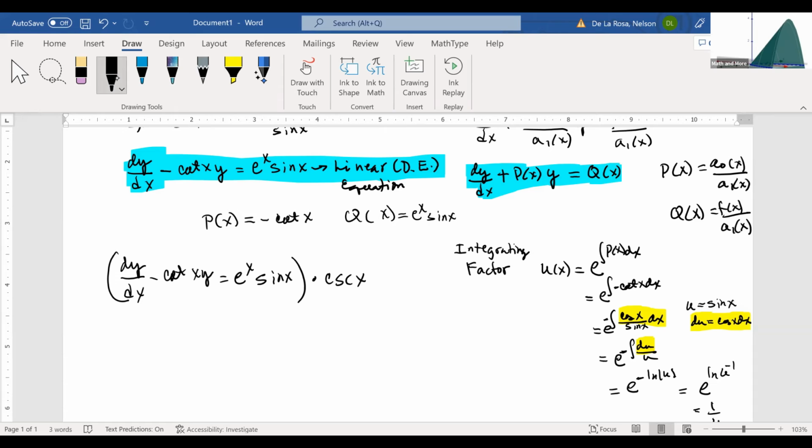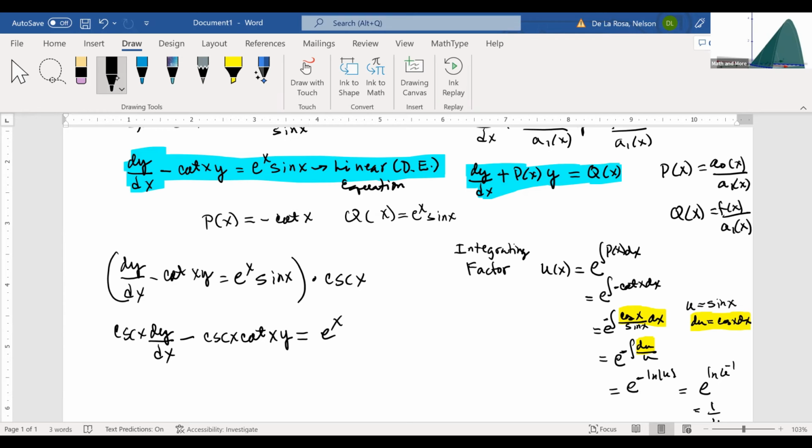We have cosecant of x dy dx minus cosecant of x cotangent of x times y equals simply e to the x, because sine of x times cosecant of x cancel each other.